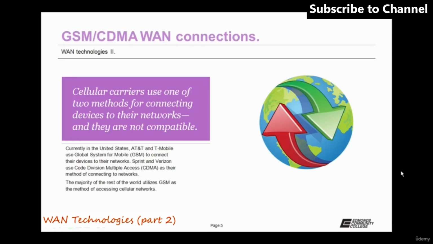Both Sprint and Verizon use Code Division Multiple Access, also known as CDMA, as their method of connecting to networks. And those two standards are not compatible. The majority of the rest of the world utilizes GSM as the method for cellular network access.